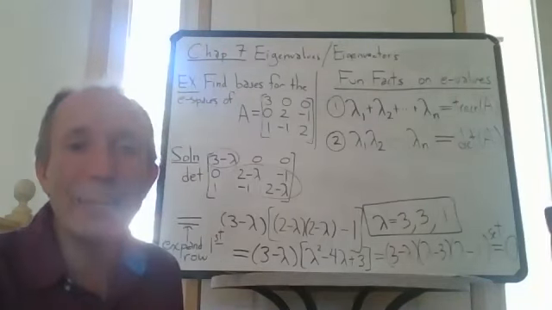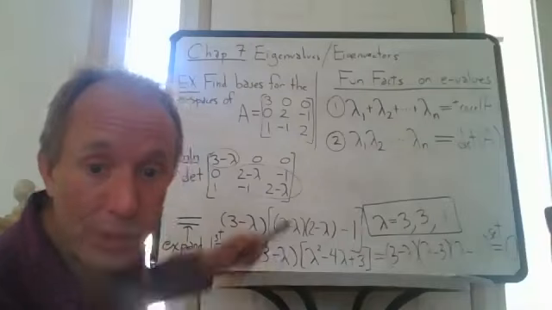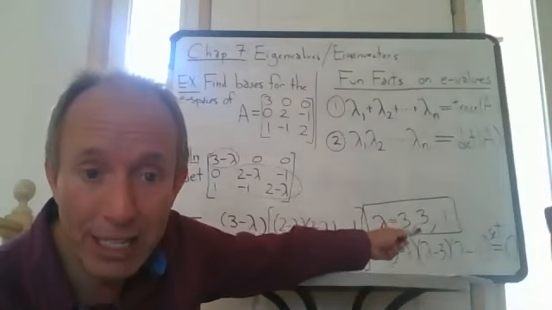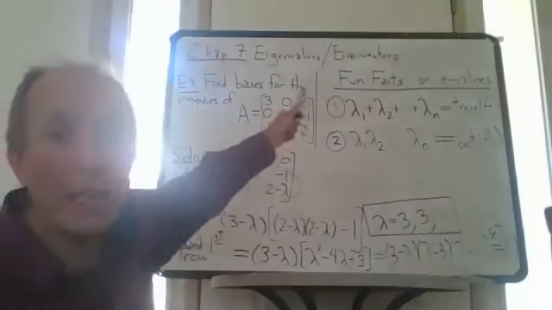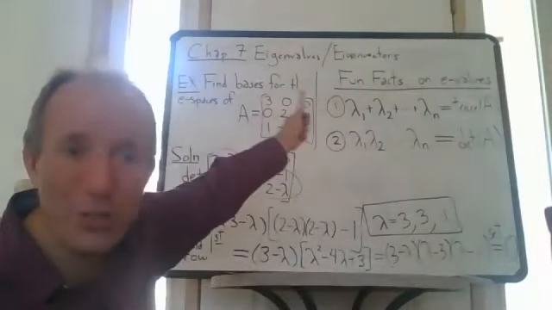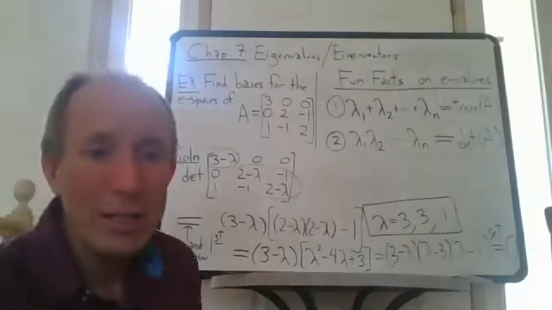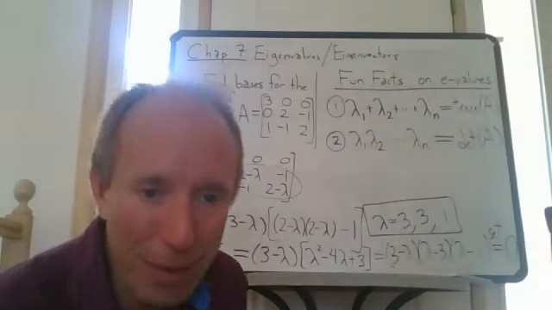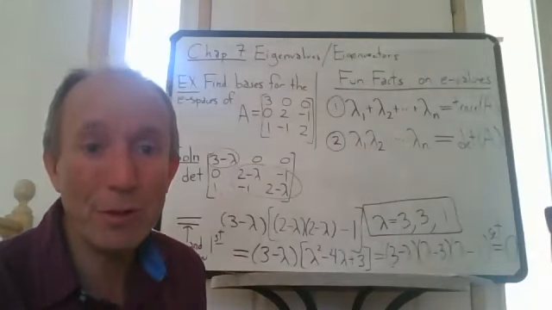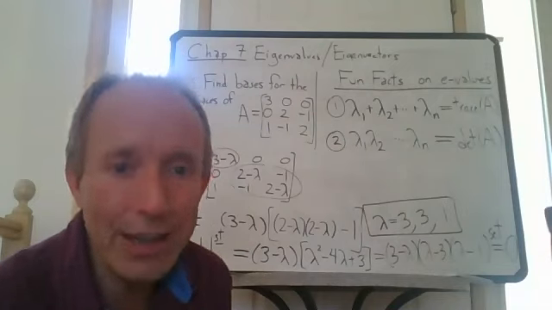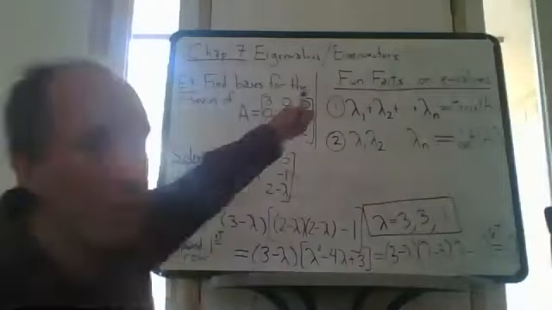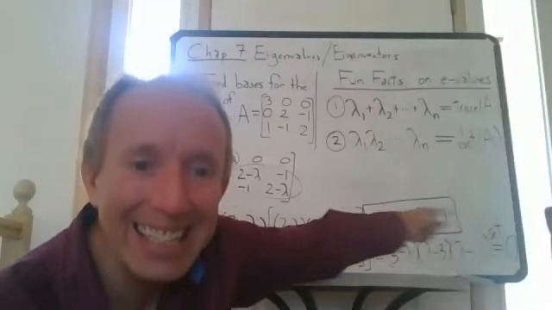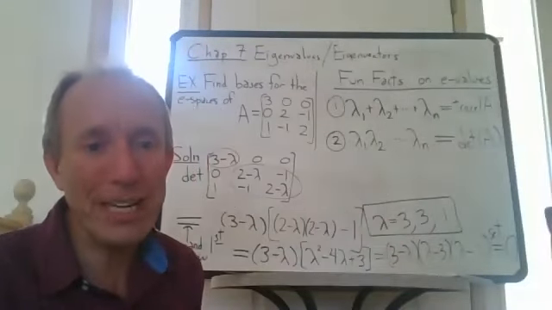And similarly, if you multiply these 3 lambdas, 3 times 3 times 1 is 9. And if you take the determinant of this original matrix that you were given, you can just cofactor expand, for example, on the first row of that matrix. You're going to quickly get 9 as well. So these lambdas are correct. It's nice to have the fun facts to just check that the lambdas were correct in the first place.